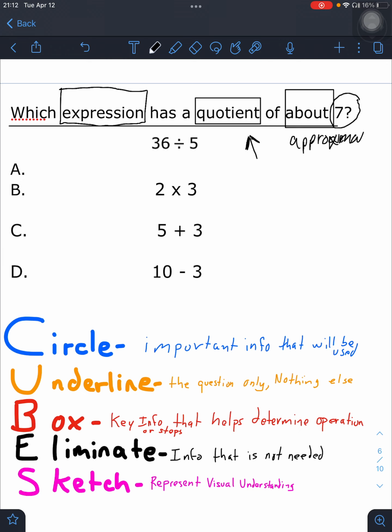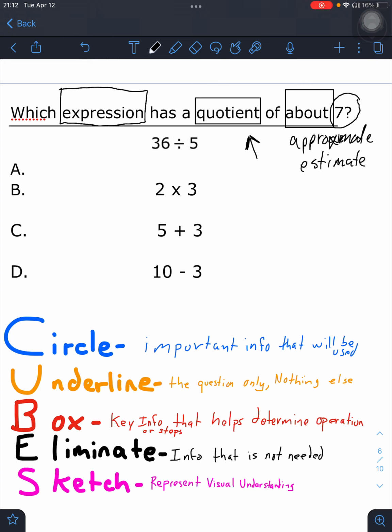Forgot how to spell here. Approximate, it's an estimate. It's close to, not exactly. Okay? So quotient, as you can see, are multiple choice answers. We have division, multiplication, addition, subtraction.